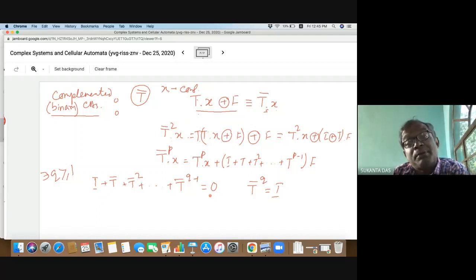This is a property of cyclic group that we have discussed. So we shall show that when T forms a cyclic group, the new operator T bar will also follow this relation, right?